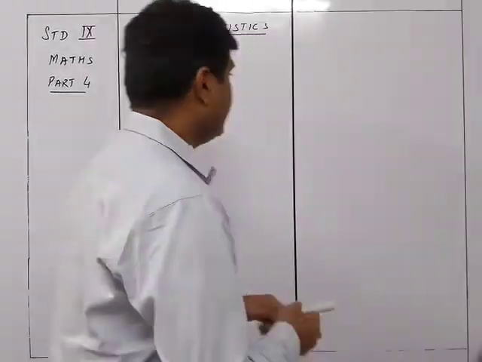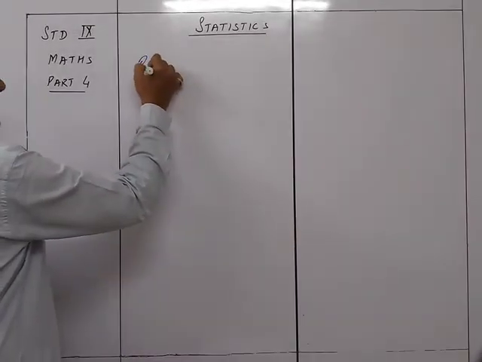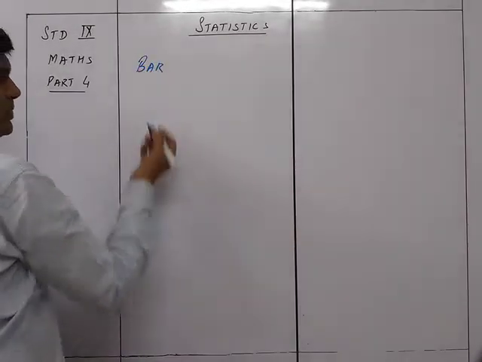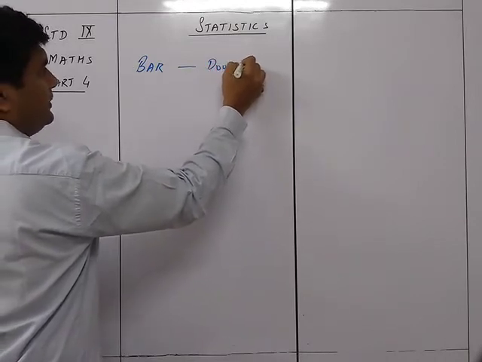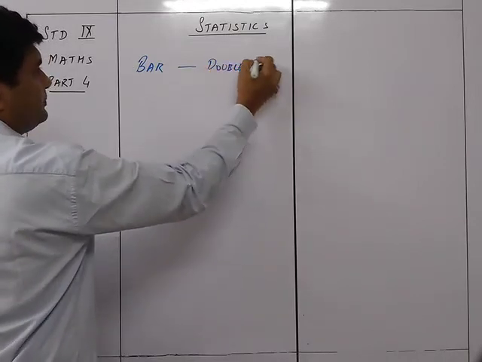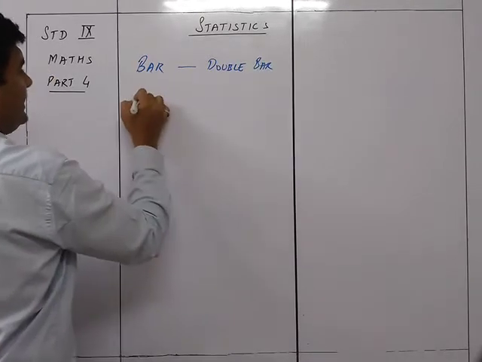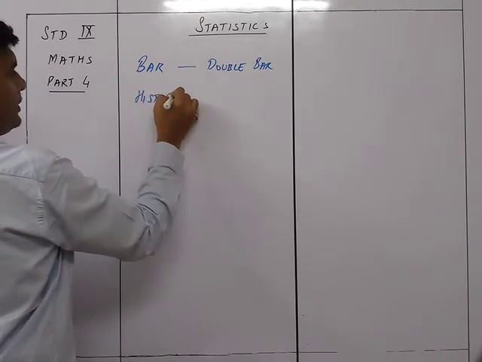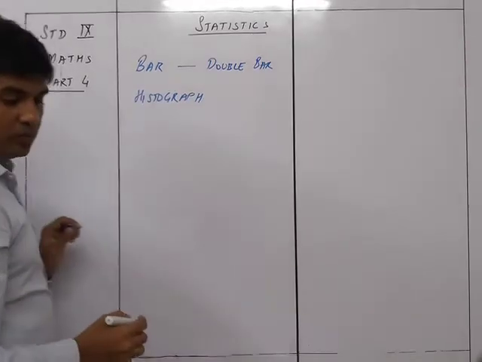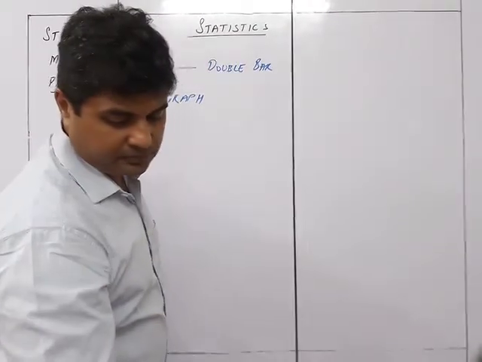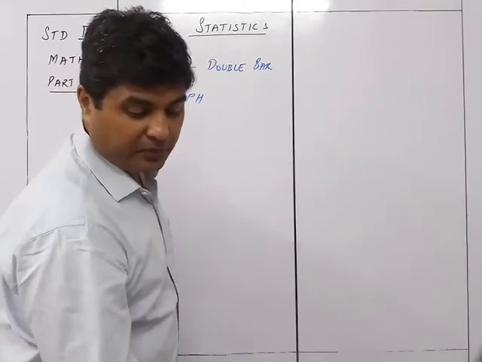The first one is going to be the bar graph, which will also include the double bar graph. So we'll have both a bar graph and a double bar graph. The next one will be a histogram, and the next one will be the frequency polygon.